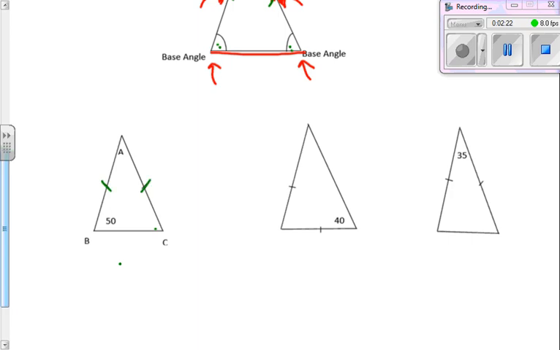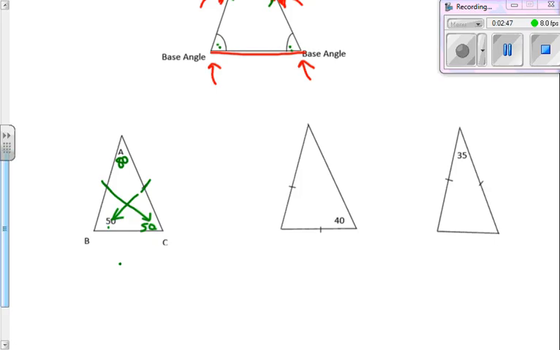Those two sides are congruent. So that means that this angle and this angle are congruent as well, our base angles. So this guy must be 50. Well, to find A, let's add up the two base angles and subtract from 180. 50 plus 50 is 100. 180 minus 100 is 80. So that base angle is 80.